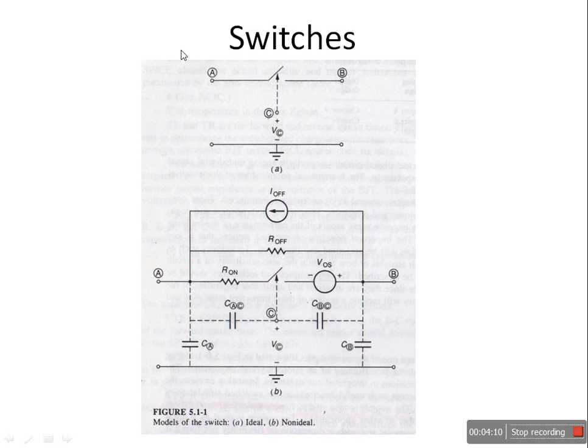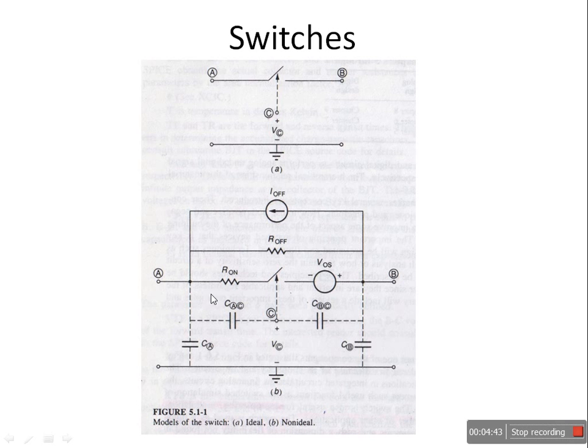Current coming in at point A will come out at point B equally. Similarly, if there is no resistance, there is no voltage drop, so there is no voltage between A and B in the on condition. And in the off condition, the off resistance R off of the switch is infinity, so there is no possibility of current flowing between terminals A and B.